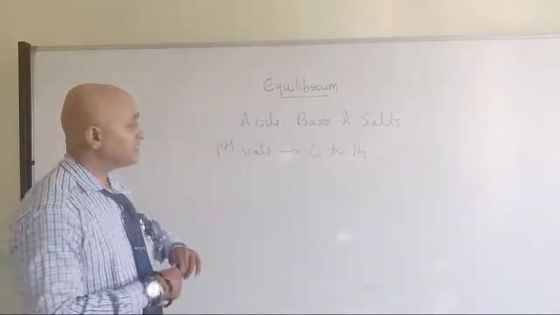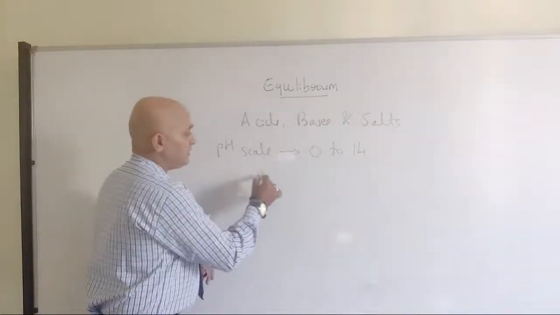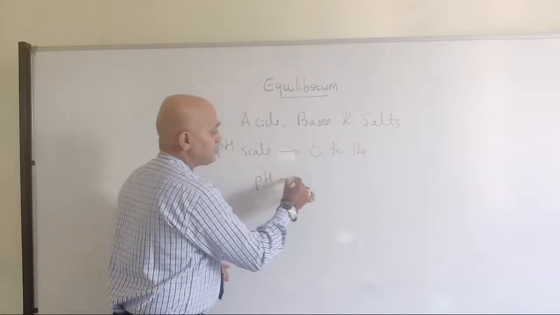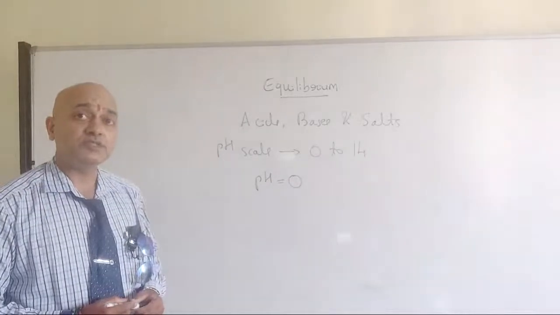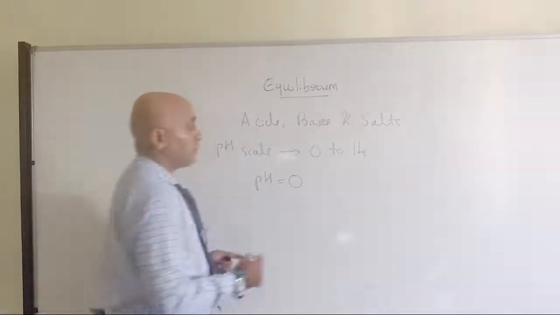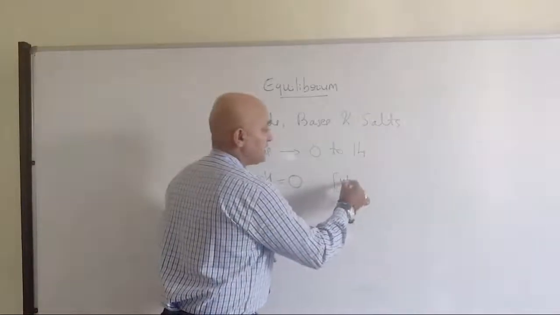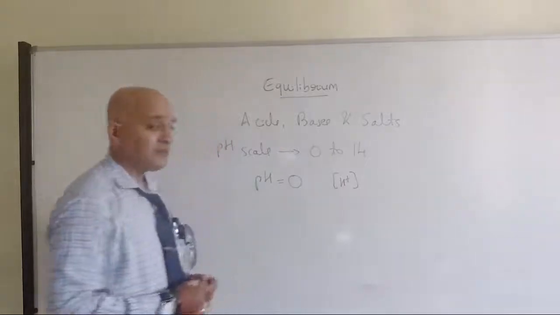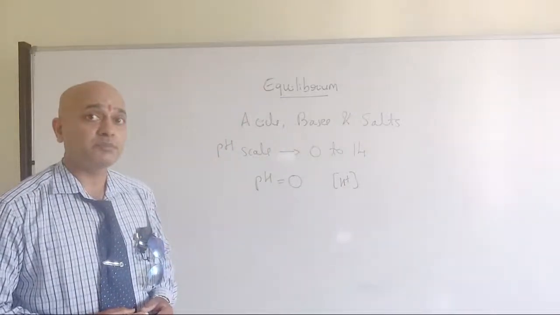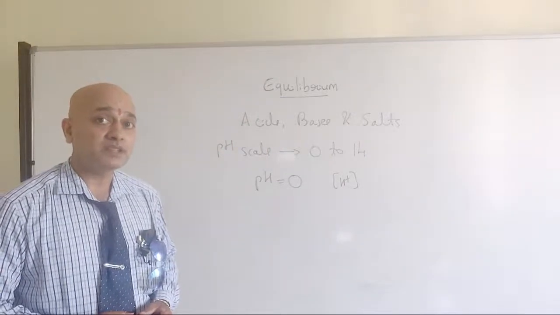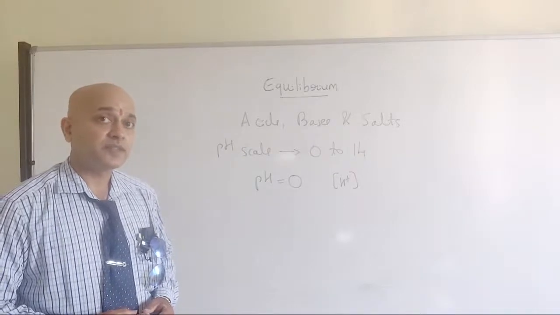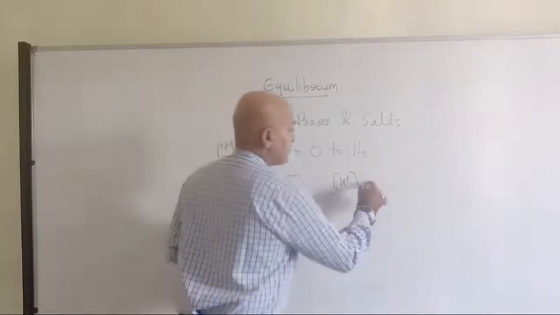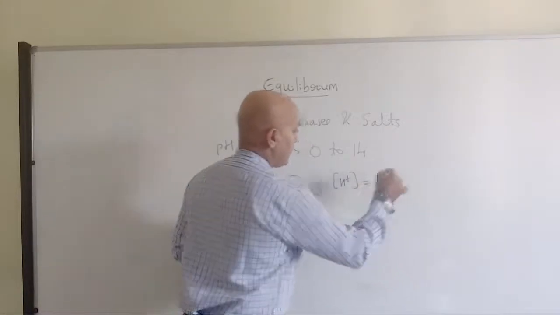Okay. So based on that I can tell that when pH is equal to 0, what will be the H plus concentration then? Anyone?